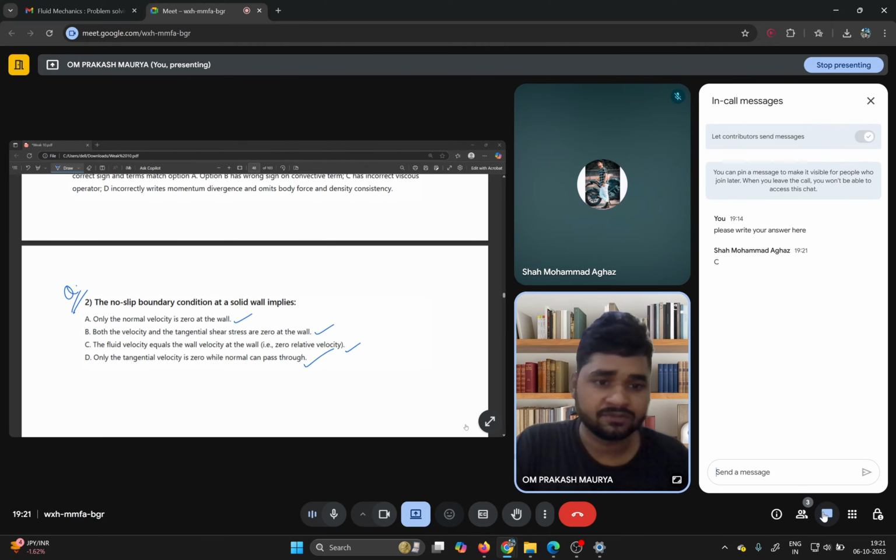Okay, you are saying option C is correct: the fluid velocity equals the wall velocity at the wall, that is 0 relative velocity. Let us see.